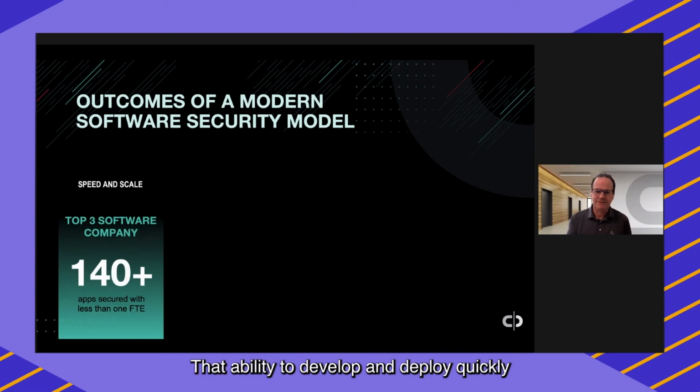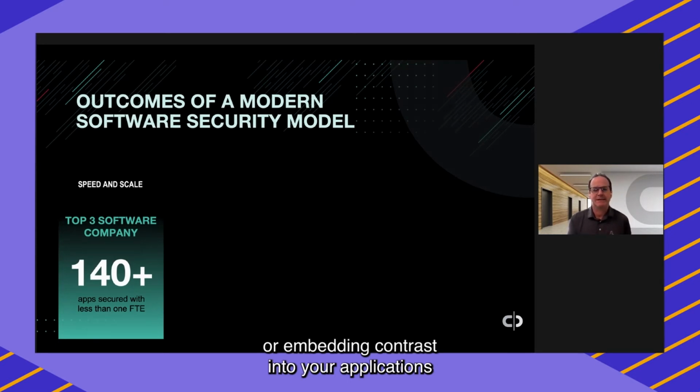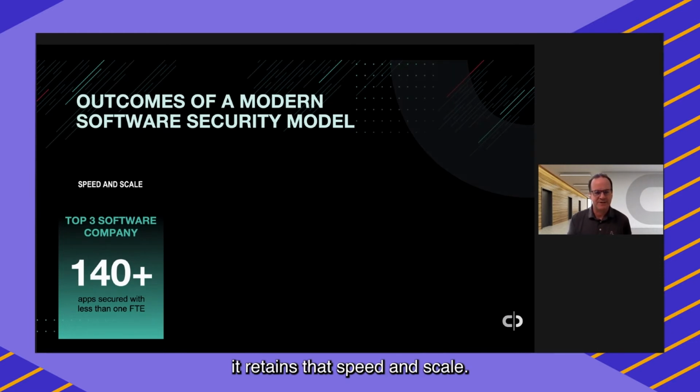That ability to develop and deploy quickly is something that we don't want to impede. And so by embedding Contrast into your applications, it retains that speed and scale. Here we have a large software company that has 140 applications, and only one person is actually doing the application security for it, because again, they're taking advantage of this modern platform.